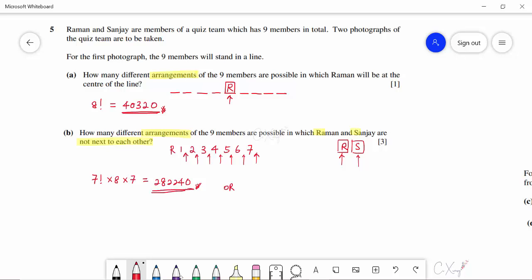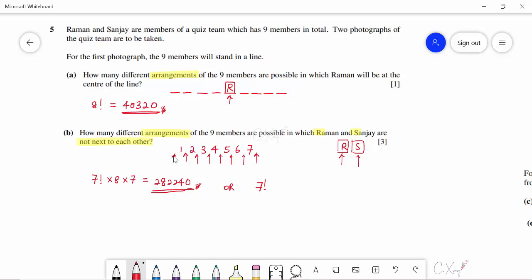Another method is you do the same thing also. I arrange the remaining 7 members first, which is 7 factorial. And now I will see how many total spaces I can slot Raman and Sanjay into. From here, you can see very clearly that I have 8 spaces that can slot in Raman and Sanjay. Each space can slot in only one person.